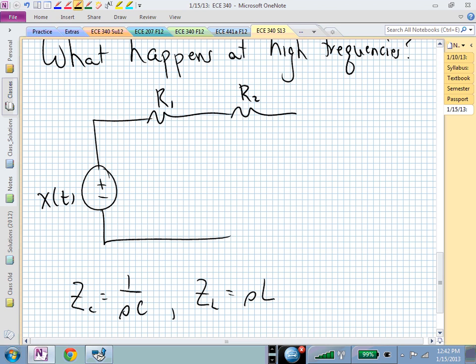Is that right? Now, as we let s go to infinity for high frequencies, this starts to get very small, doesn't it? This goes away. This becomes zero impedance. And what's zero impedance? That's a short. Oh, and we wanted this for our output, didn't we?